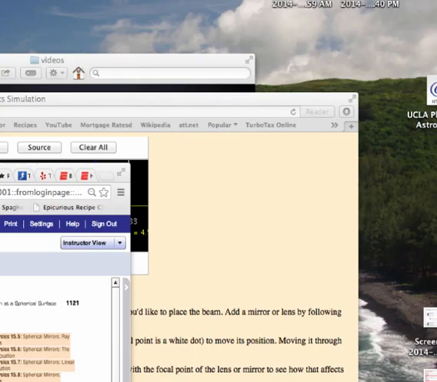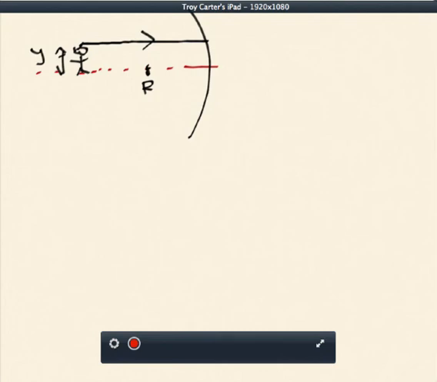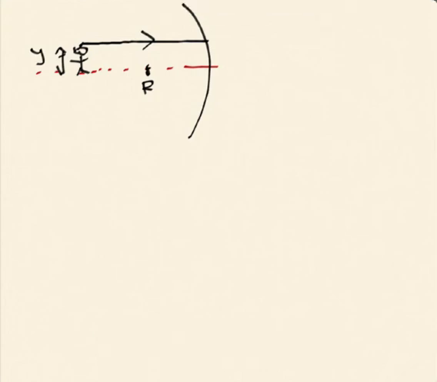For an object at infinity, all the rays are straight across. But I know where this ray goes: a ray that goes straight towards the mirror will go through R over 2. So there's my focal length, F. I can draw that one ray here.